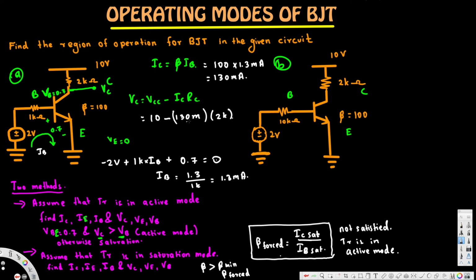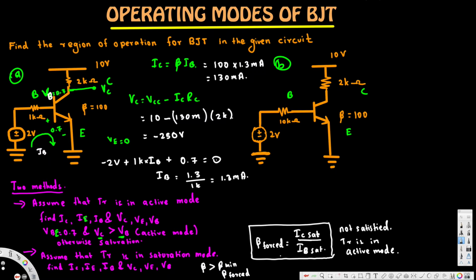So 130 times 2K, milli and K cancel. So this is going to be 260. So 10 minus 260, negative 250. VC is negative 250 and VB is 0.7 here.